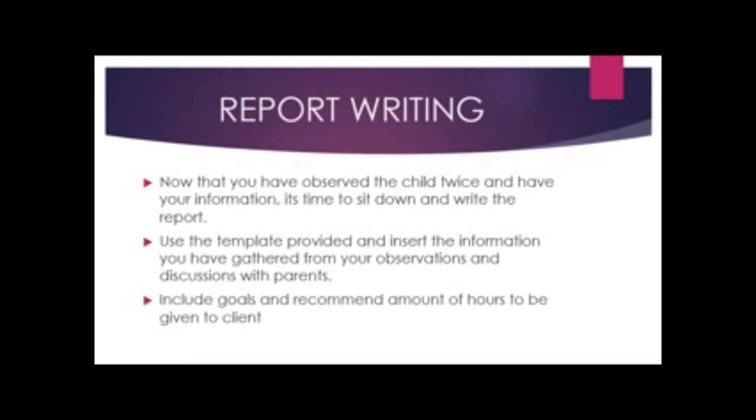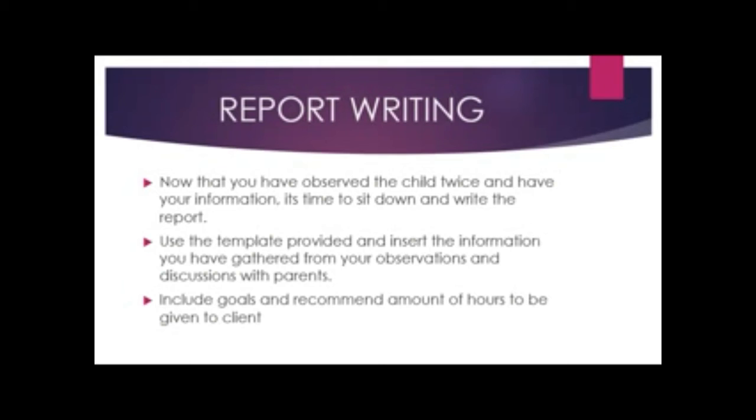One of the frequently asked questions is, how much time do you have to write the report? Typically, in the FBA authorization that Heather sends you initially, it'll have an authorization for the hours. That's the total amount of hours you have for both observations as well as writing the report.